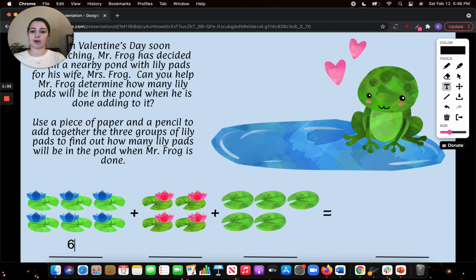And then right here we have 1, 2, 3, 4 lily pads. So we're going to write 4 on this line. And then right here we have 1, 2, 3, 4, 5 lily pads. So we're going to write 5 on that line.